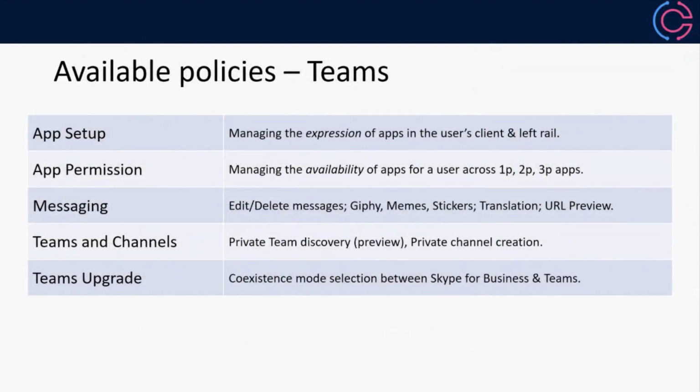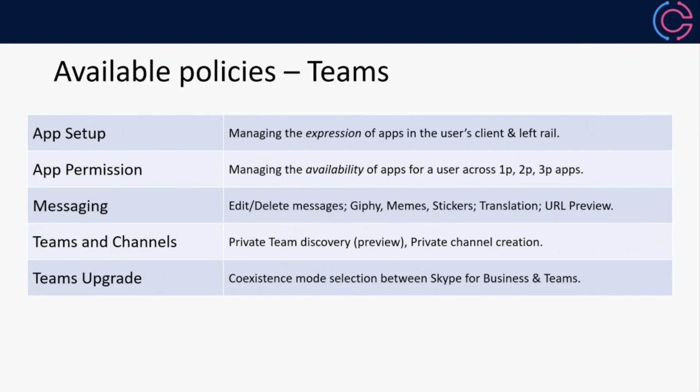Just a quick roundup of what we have in the box with respect to policies. I've broken this up into two different slides. First, when I think about teams and channels and that whole experience, we think about the ability to manage apps. Apps end up being really sophisticated, and so we have a set of policy that deals with the way that apps show up on the client.